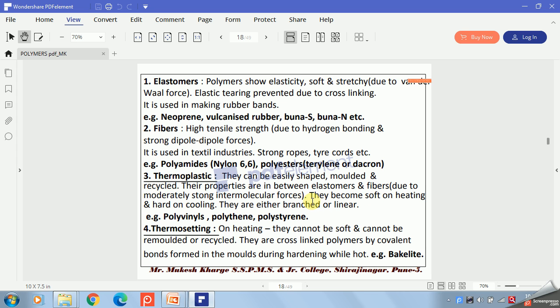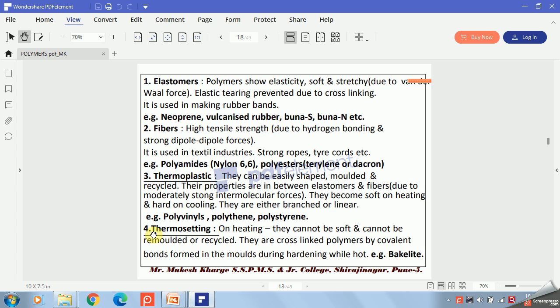These polymers become soft on heating, but become hard on cooling. They are either branched or linear. Examples are polyvinyls, polythene, polystyrene. The word thermo means heat.